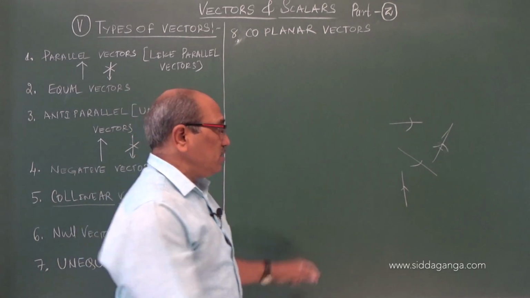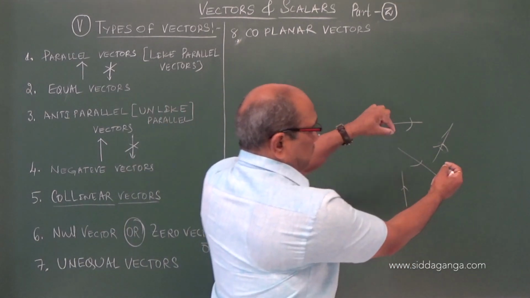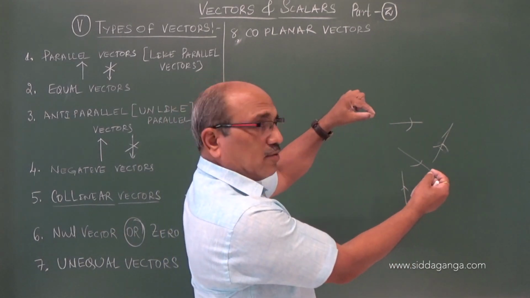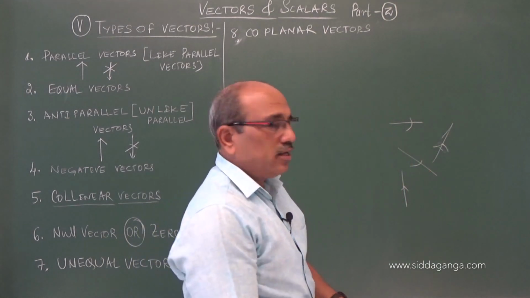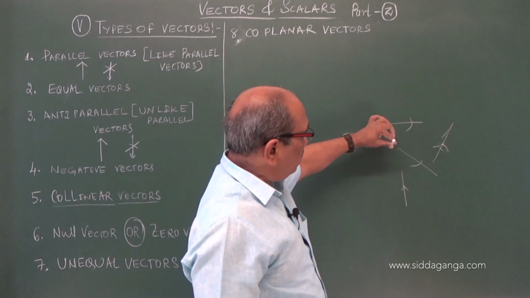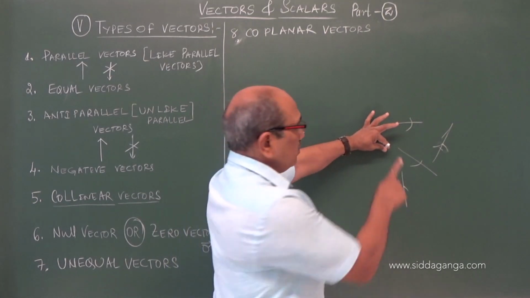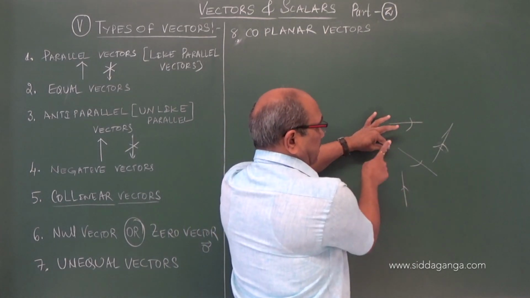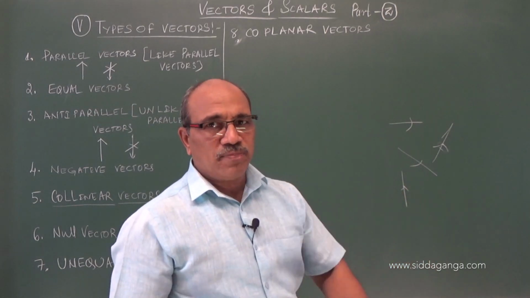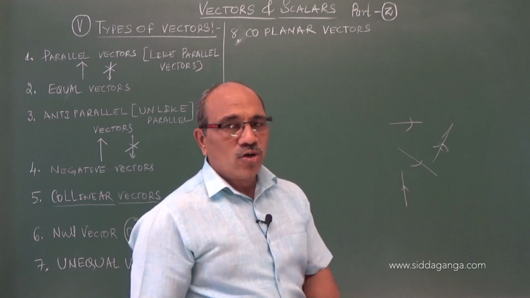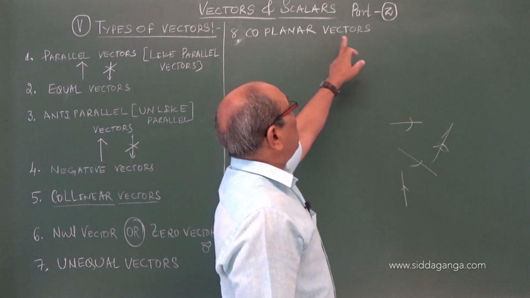If I take this vector out of the board, then this vector which I am holding in my hand is not coplanar. It is not in a single plane. If a chalk piece is a vector and I show it like this, it is not in the plane of this vector. It is not a coplanar vector. If I write vectors on your paper, all the vectors drawn on the paper are coplanar.